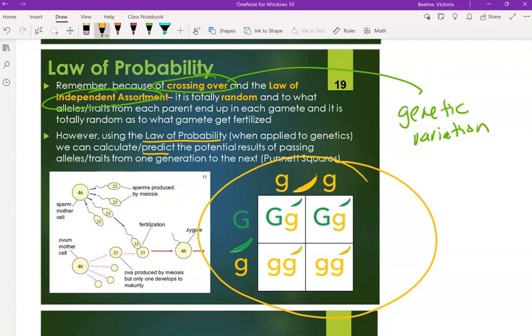Genetics, the more complex it gets, especially when we're talking about humans, you can't predict something like that with 100% certainty. However, with Mendel's pea plants, he was able to predict the results very well because they were very simple organisms to work with. Humans, it's a lot different because there's a lot of things that can influence our genetics.